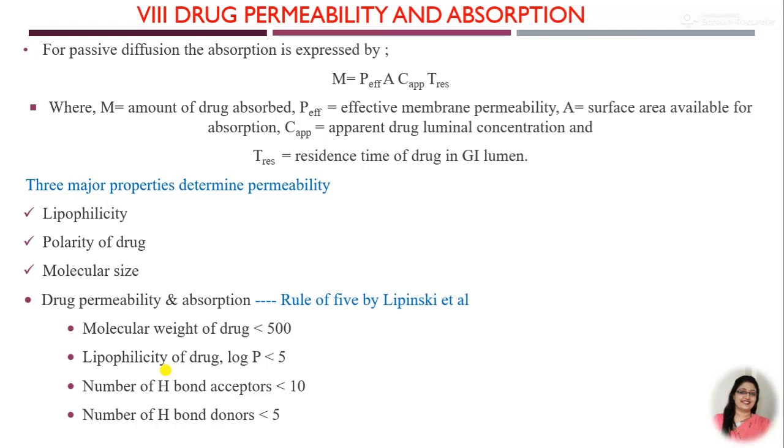So for passive diffusion, the absorption is expressed by this equation wherein the amount of drug absorbed M is equal to effective membrane permeability multiplied by surface area available for absorption multiplied by apparent drug luminal concentration and residence time of drug in GI lumen.